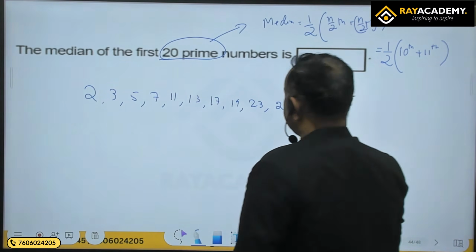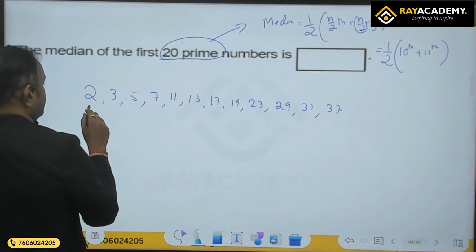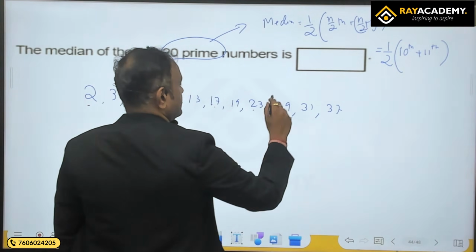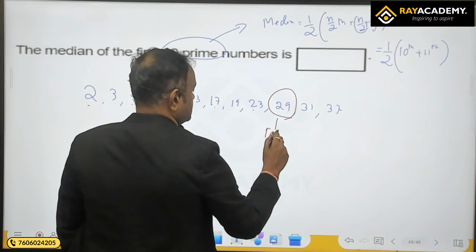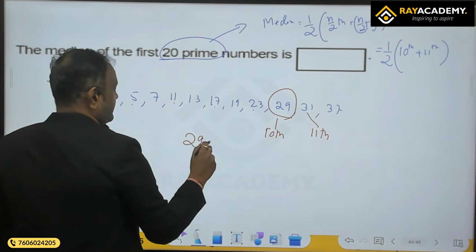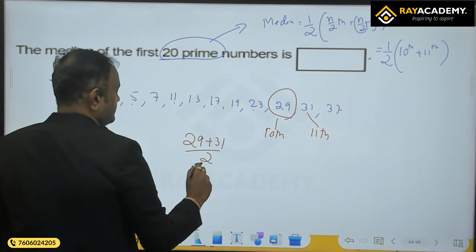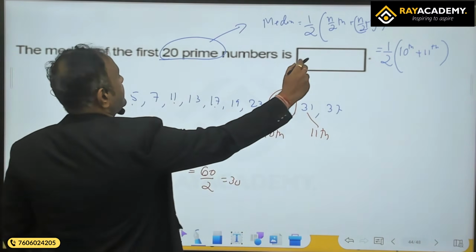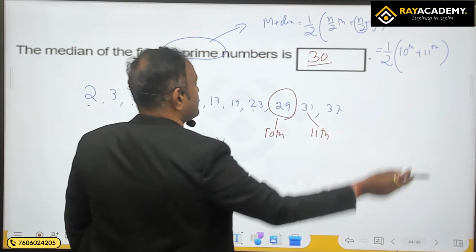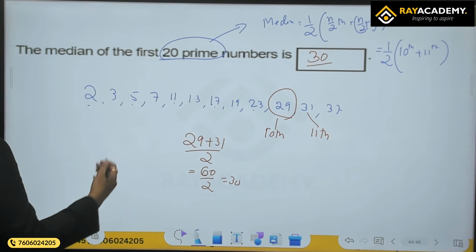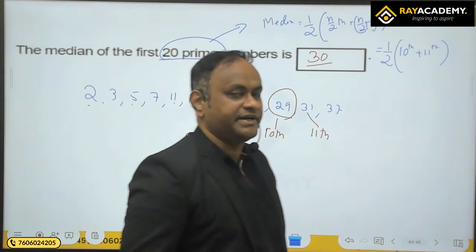If you count 1, 2, 3, 4, 5, 6, 7, 8, 9, 10, 11, this is the 10th and this is the 11th. So the median will be 29 plus 31 by 2, that is 60 by 2, which is 30. So there is no need to write all the prime numbers up to 20; if you write only this much, you can find the 10th and 11th, which give the median.